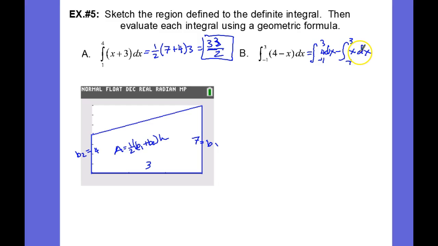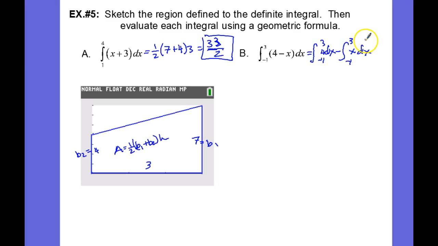All I need to graph on my calculator now is the linear equation y equals x. And I'm going to do that between negative 1 and 3 on the x-axis. If you substitute those values into y equals x, they correspond to a minimum y value of negative 1 and positive 3 on the y-axis.